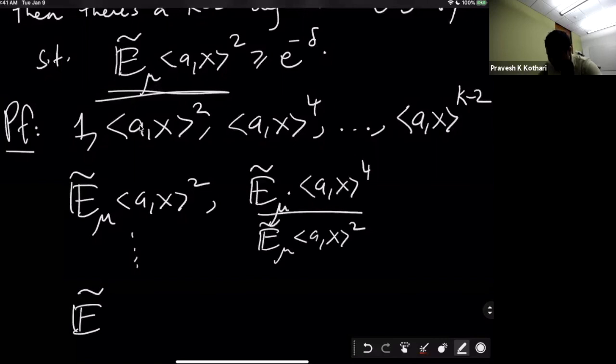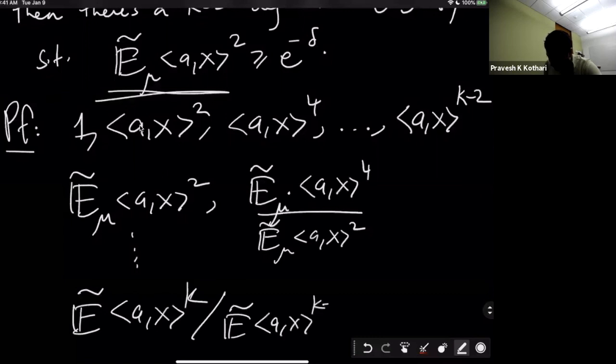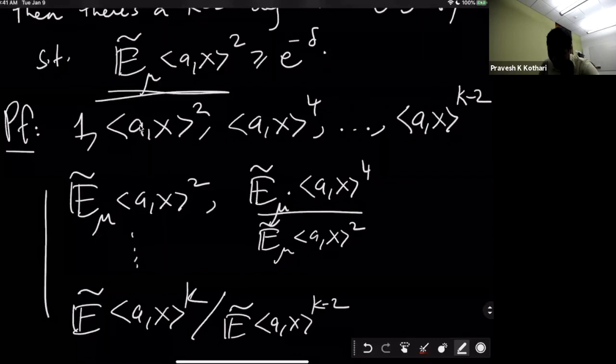Right, that's what the expectation of A(x) squared becomes after I reweight it by A(x) squared. And the final thing is A(x) to the k over A(x) to the k minus 2. Okay, so I have k terms here.